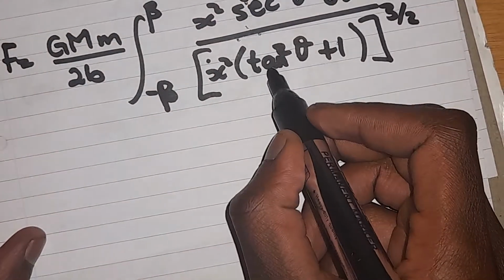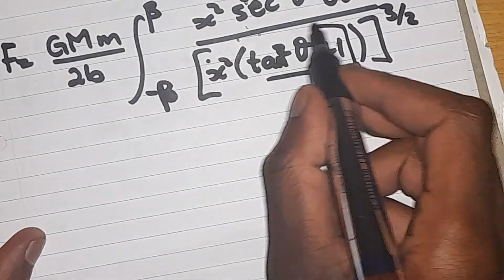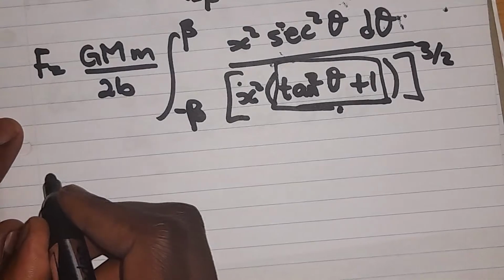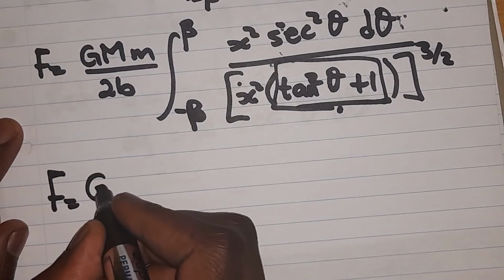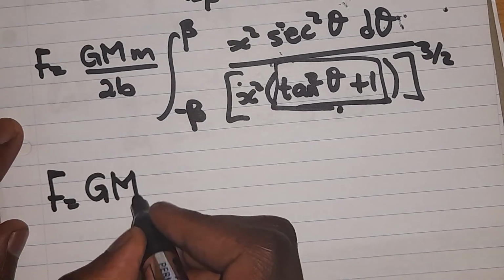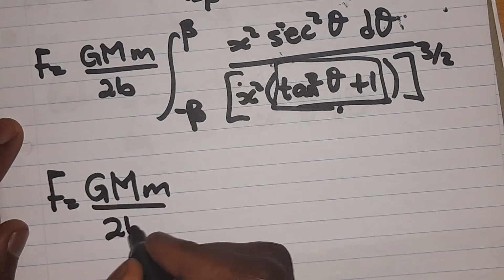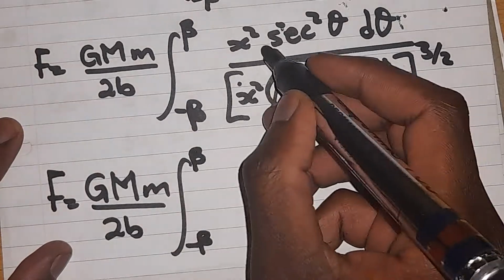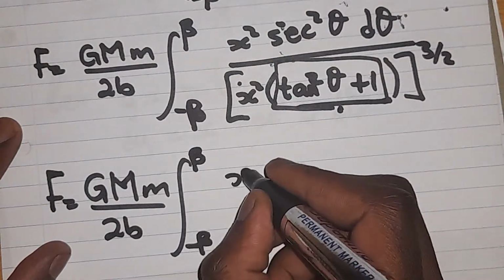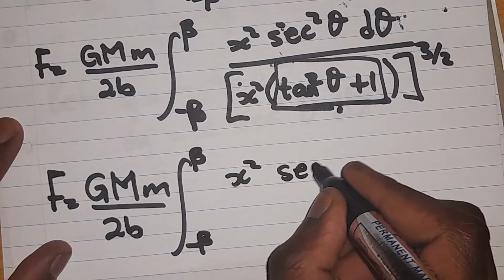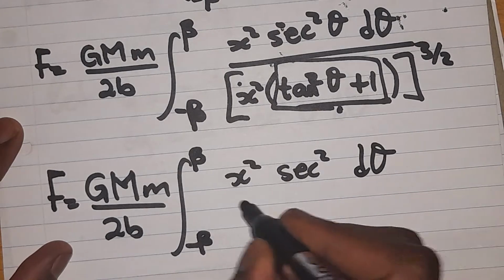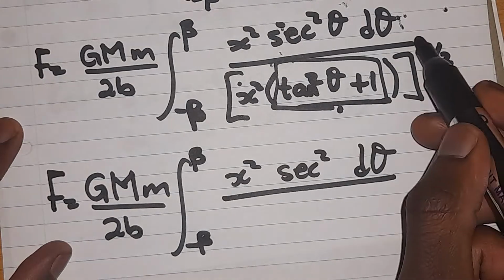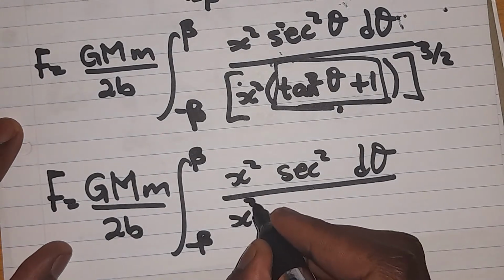Then from here we know that this is an identity, which is x squared, and this one we can raise to that power. We'll have F equal to G capital M small m all over 2b, the integral from negative beta to positive beta of x squared sec squared theta d theta all over x squared to the power 3 over 2. The 2s will cancel and we'll be left with x cubed.